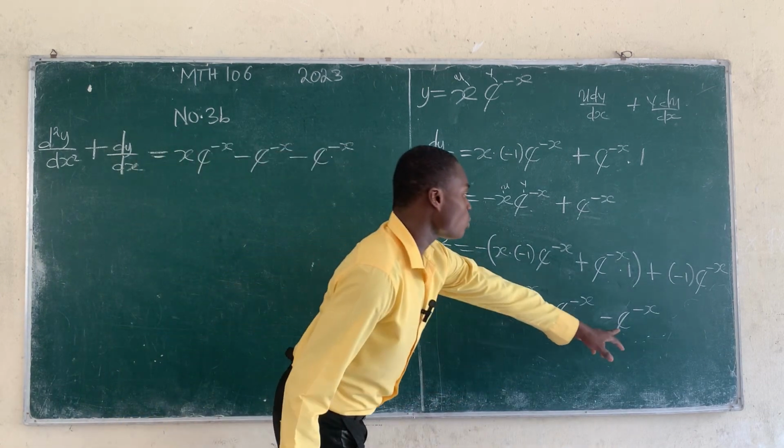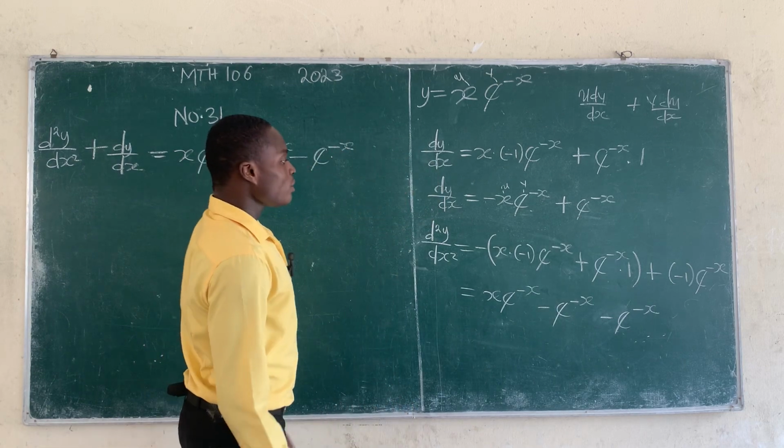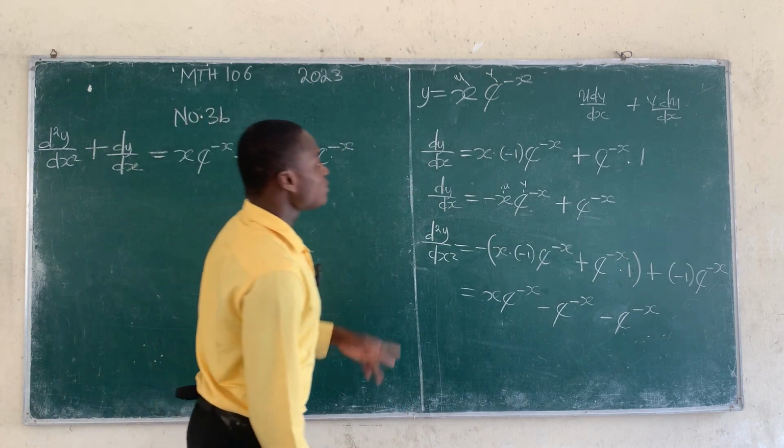We can still add these two up to obtain minus 2 exponential minus x, but we can still leave it this way.